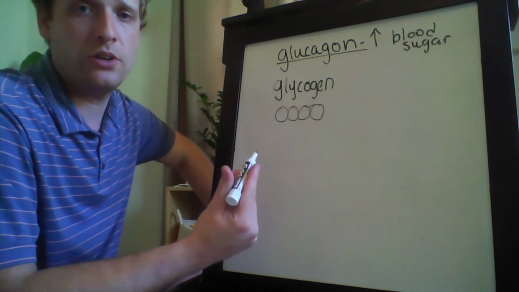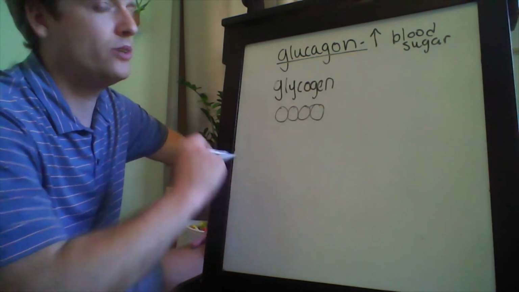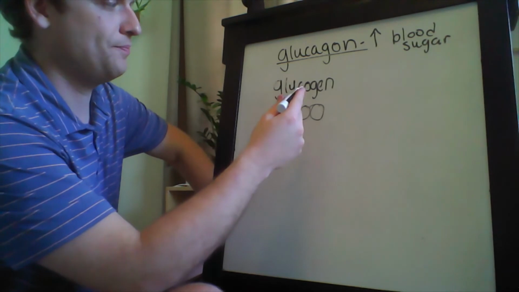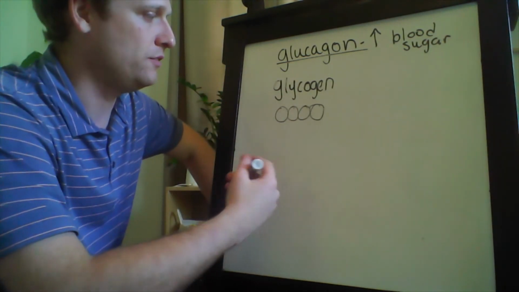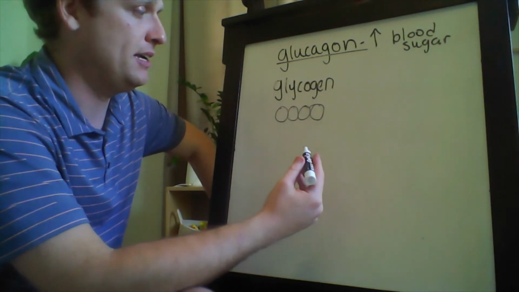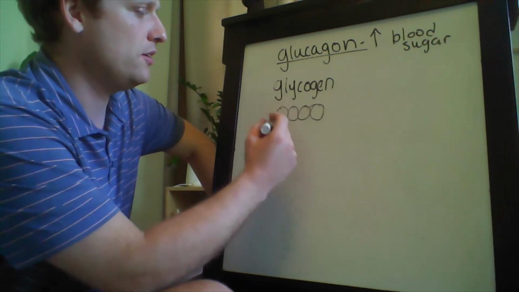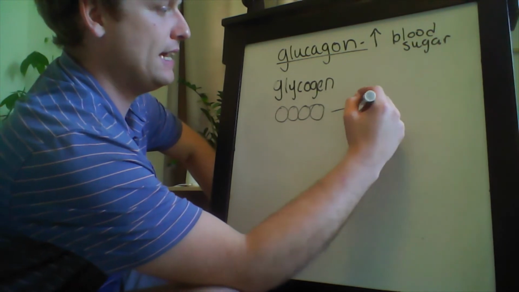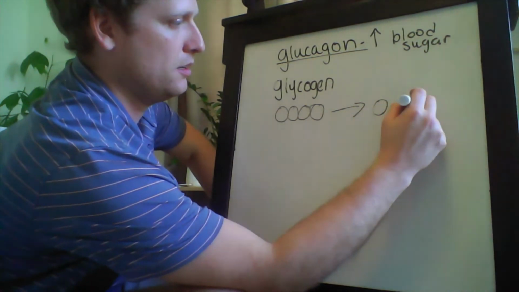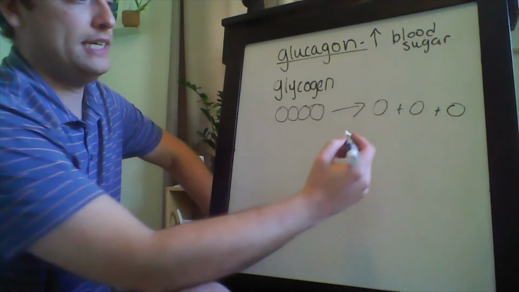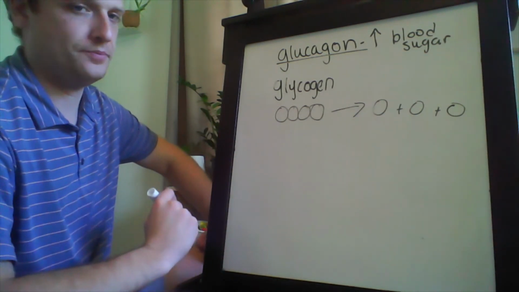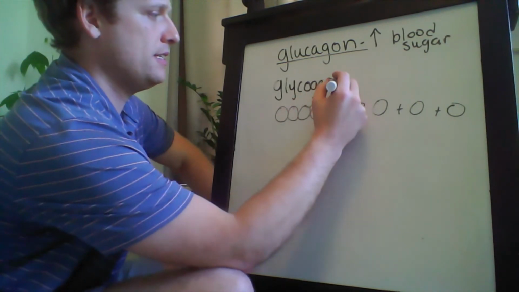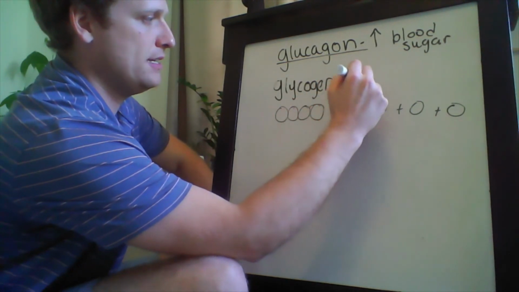It's stored glucose. So one really quick way to raise blood sugar is for the storage site of glucose in the liver and in skeletal muscle, for those cells to release stored glucose. So breaking down glycogen and releasing that into the bloodstream. That's one way to raise blood sugar, and this is called glycogenolysis.